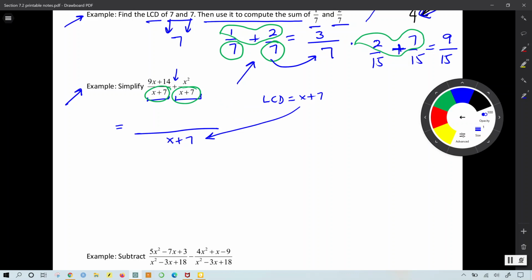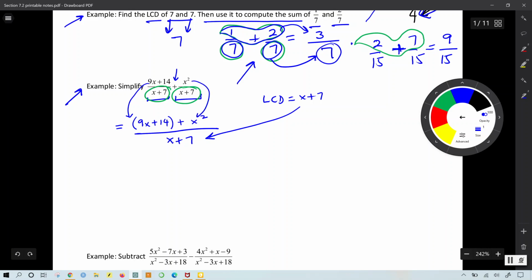So, since the denominators are the same, remember, when the denominators are the same, we can simply focus on the top numbers to get the top part of the answer. So in the same way, we're going to say 9x plus 14 plus x squared.